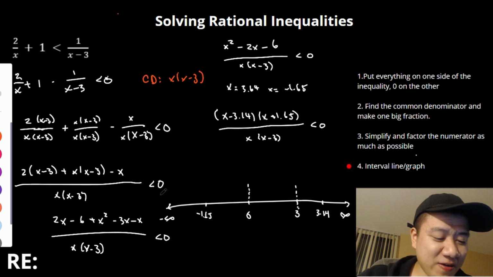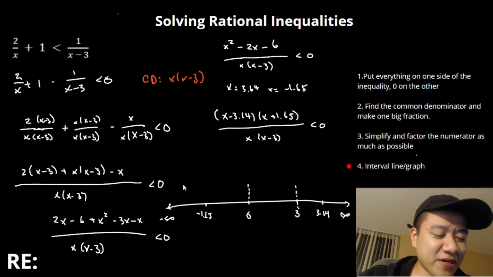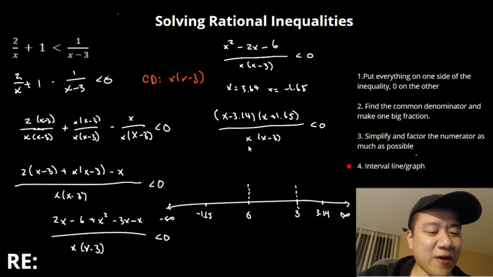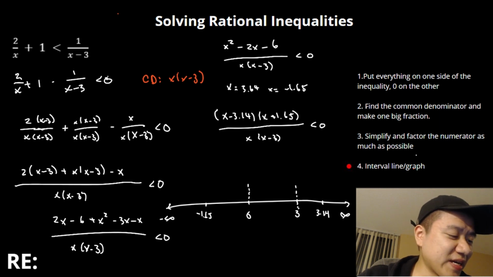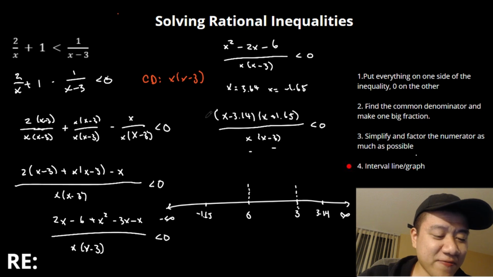For the first one, we can choose the number negative 2. If we sub negative 2 into this, we have a negative number. This is also a negative number, and negative times negative is positive. Negative 2 minus 3.64 is a negative number.